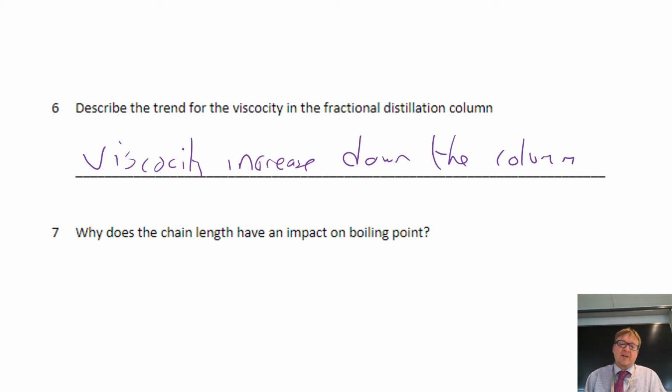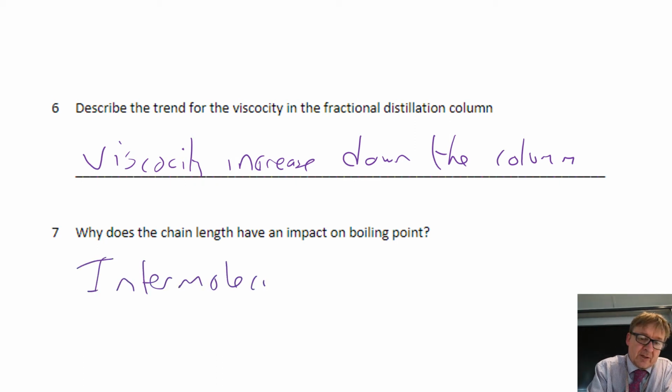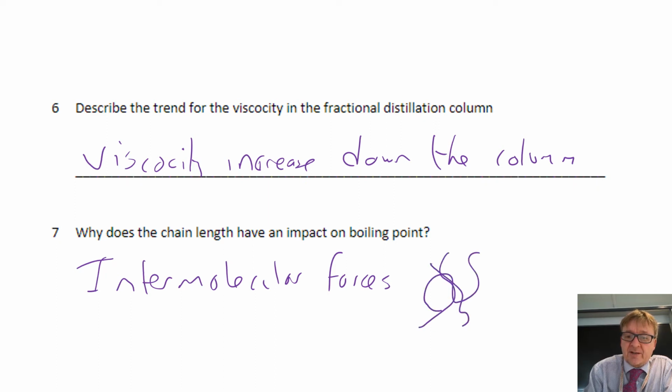Why does the chain length have an impact on boiling point? Right? It's all to do with the intermolecular forces. Okay, I always like to think about it as pasta, right? So if you've got big long chains like that, like spaghetti, and you let them go cold, they're very difficult to separate because there's intermolecular forces going on in between each one.